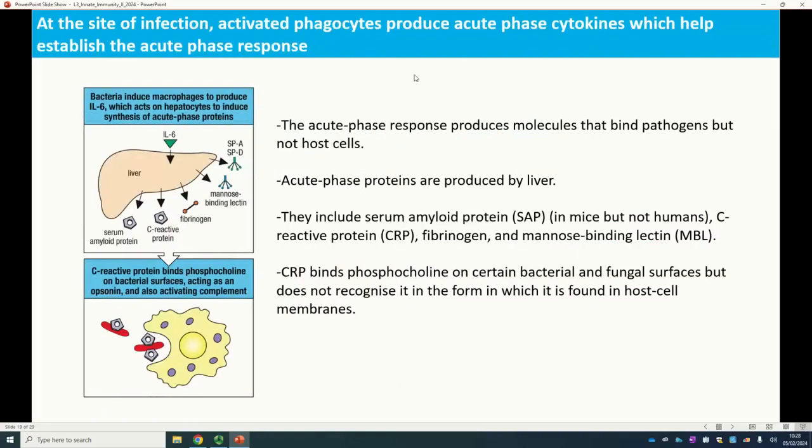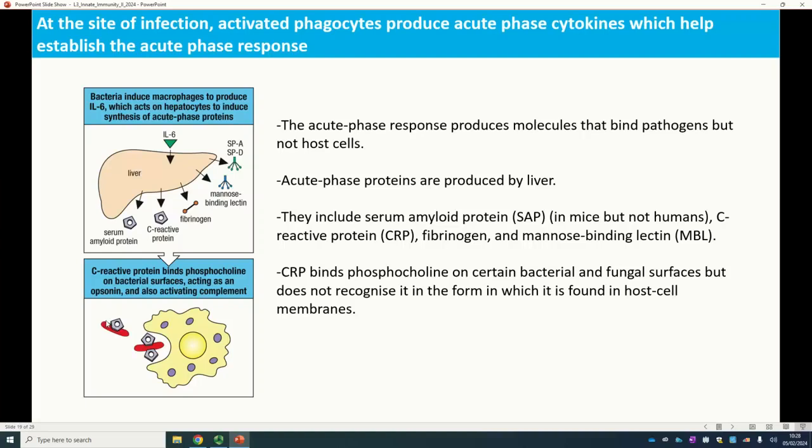So if we look at the acute phase proteins, we talked about how the acute phase cytokines, so IL-6 is one here, for example, have an effect on the liver, and these will result in the production of the acute phase proteins. So you can see here mannose binding lectin, fibrinogen, C-reactive protein. And these acute phase proteins can bind pathogens, but they can't bind host cells.